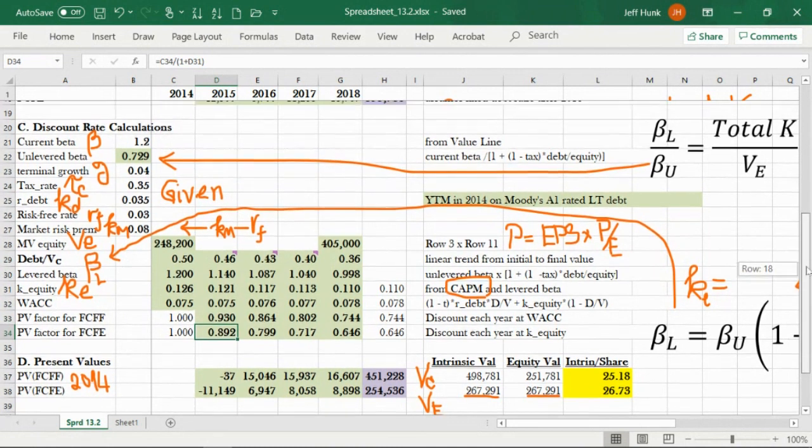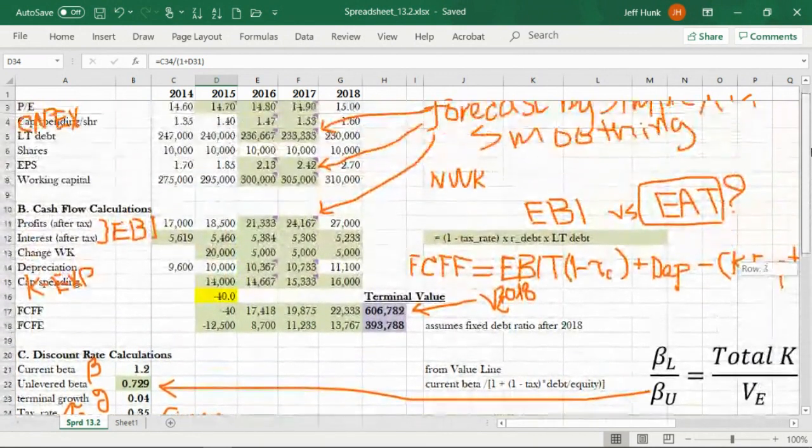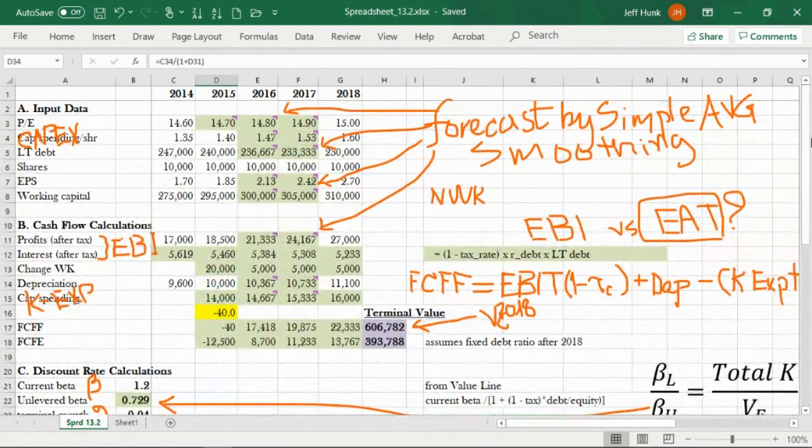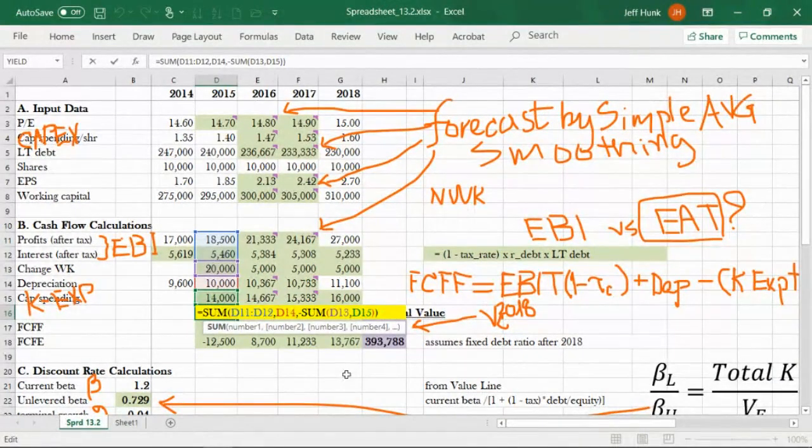But before we look at the levered beta, first, in the last segment, I did it alternatively, and it didn't come out right because I forgot to put a comma here.